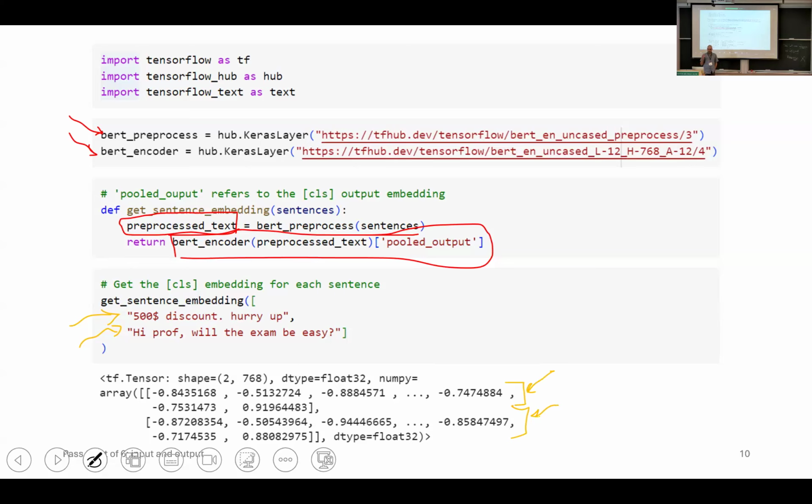Now, if we use these vectors as features or as predictors, and we also have labels for this. So we give the label of this one spam, and this one not spam, right?